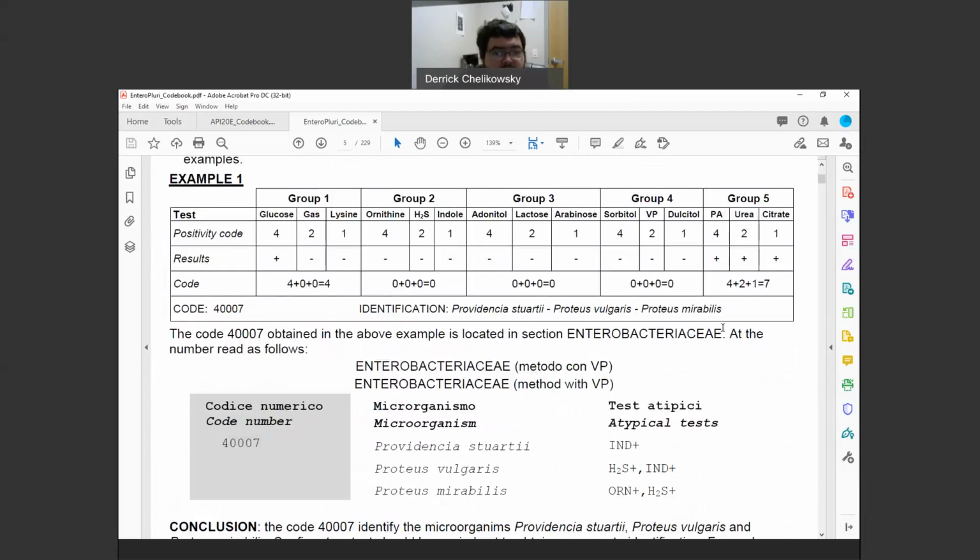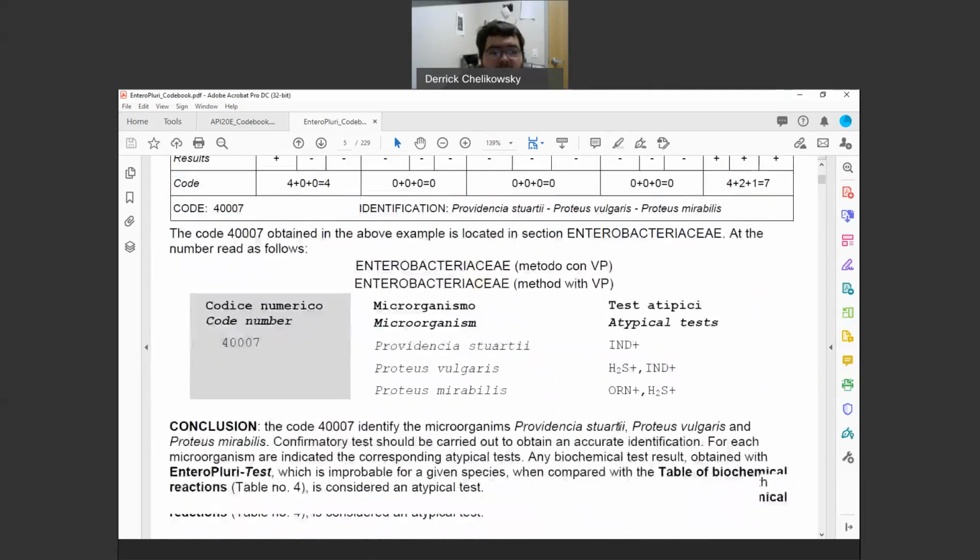And once again, it goes through the description. Notice how this is almost identical to the one that I gave you, but this does show you what we have in terms of errors here. This code that they give you, 0007, can be read as Providencia, Proteus vulgaris, and Proteus mirabilis, but it really does depend on what you have.